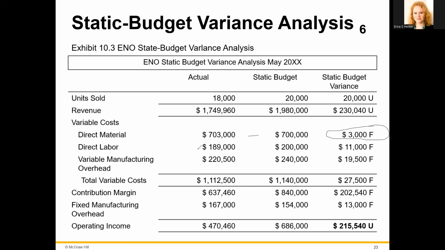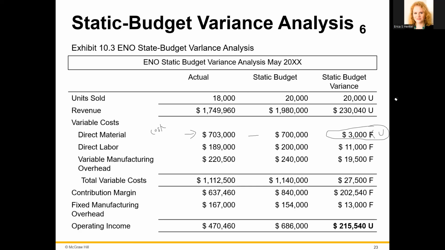Some of this is going to be cost and some of it is going to be efficiency, but this should actually be unfavorable. They have this mislabeled in here. This one's favorable, this one's unfavorable, because it's more and it's a cost. And then here, this one is favorable. So just that one is labeled incorrectly.